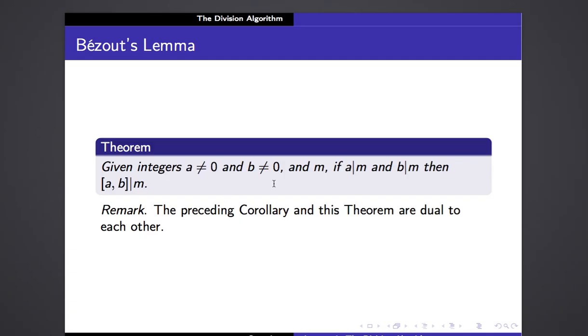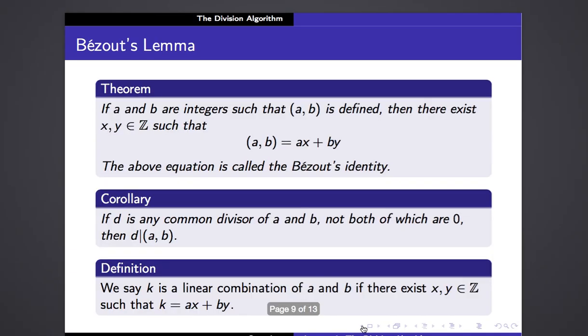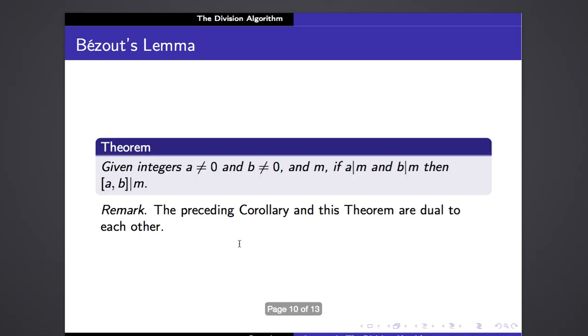In this theorem, if you reverse the inequality, then you get the corollary. So that's what I meant: the preceding corollary and this theorem are dual to each other. So basically, by proving one, you prove the other, and all you have to do is reverse the inequality. So this is also an important theorem to know.